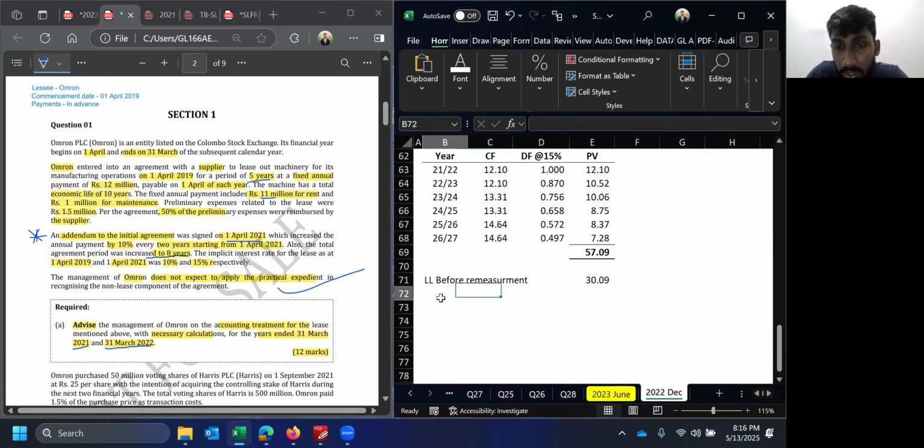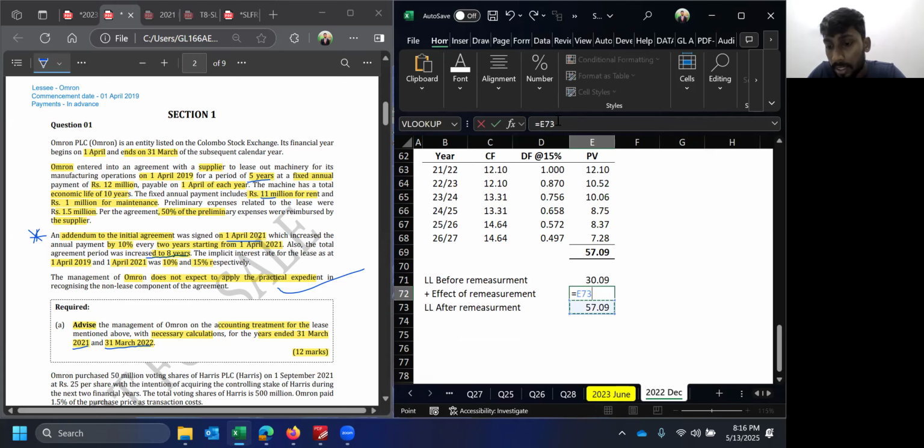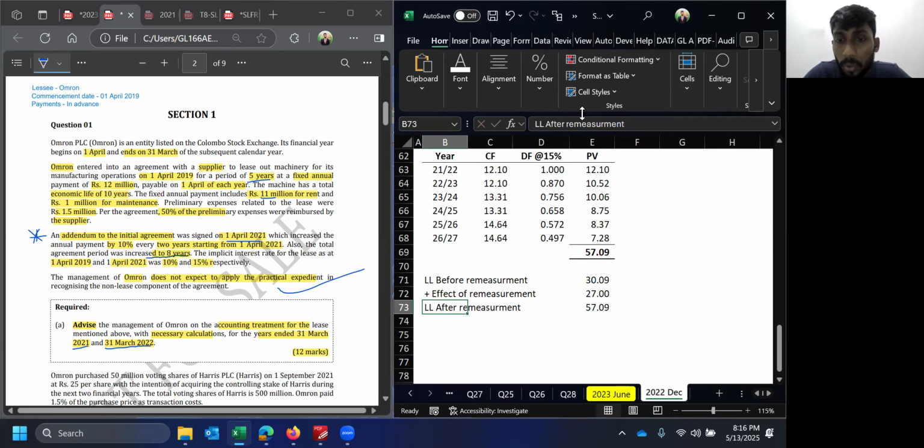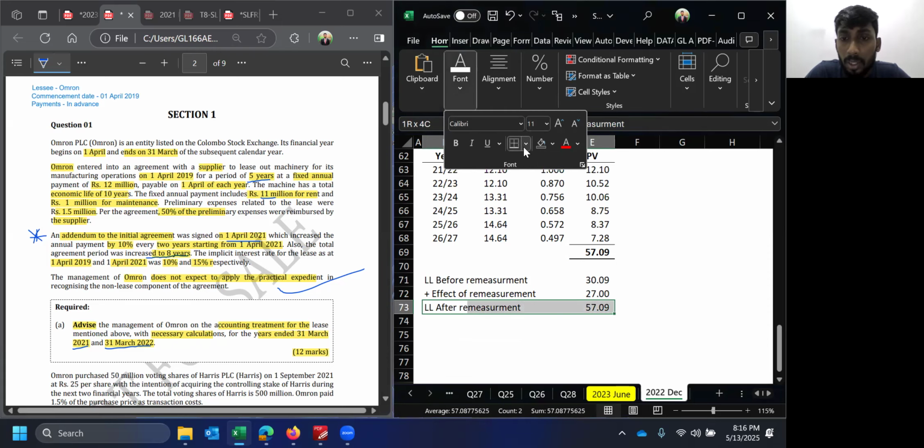Now we have the lease liability after remeasurement, 57.09. That means the effect of remeasurement is how much? The effect of remeasurement is 27.